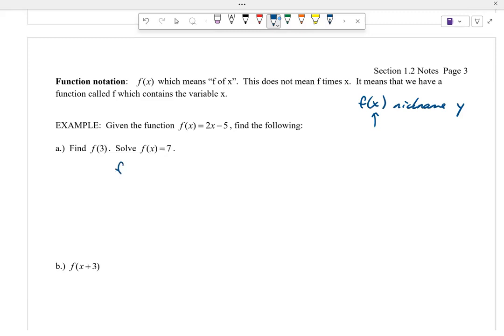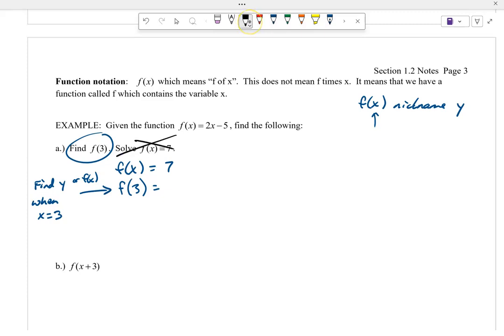So if f of x equals 7, it says find the following. So first let's find f of 3. So if I use this function notation, this f of 3, what this means is find y, or f of x, in other words, find y when x is 3.